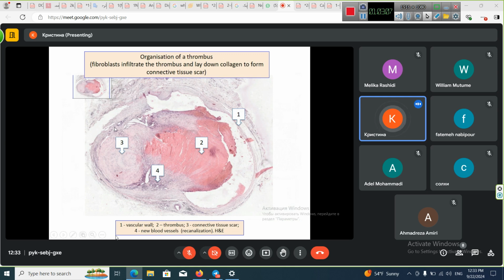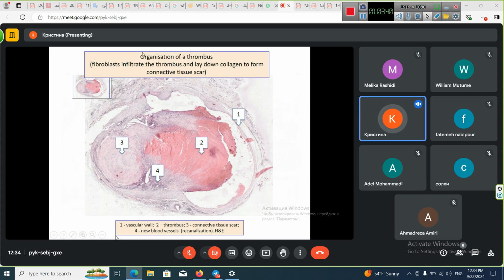But in some areas, number three area, we see connective tissue which came from the wall of the blood vessel to grow into the thrombus. So in the area number three, connective tissue, which is more pale looking, had grown into the thrombus. As we see here, it will continue to grow this way.